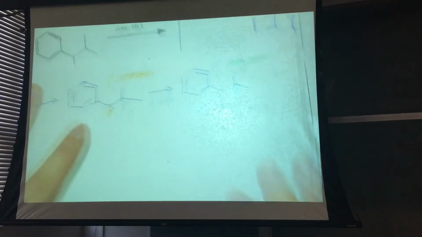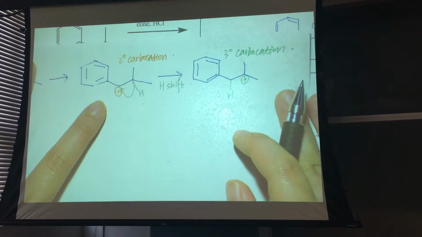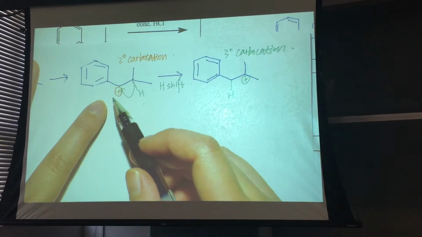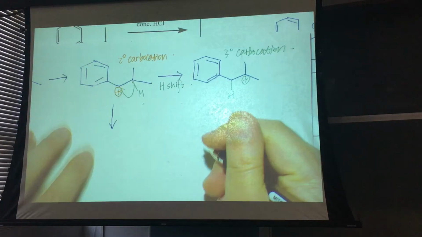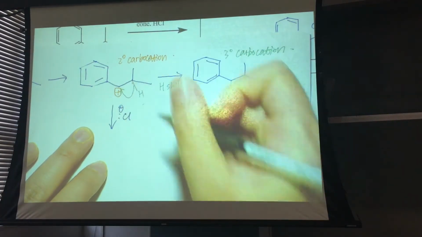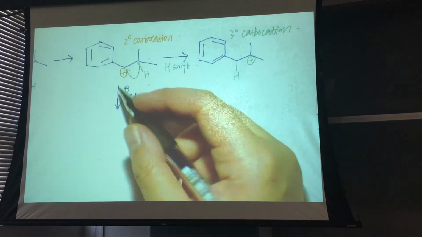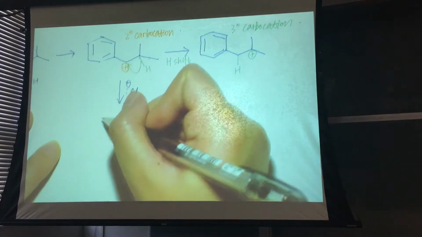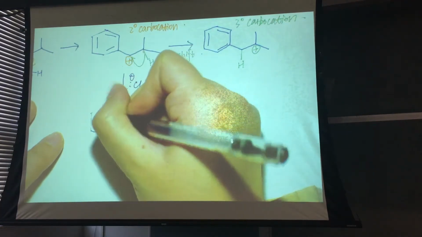Although you do have a hydrogen shift, it doesn't mean that this one is not going to form the product. You still can have your chloro, which is another part of your HCl. So chloro is still going to attack on this secondary carbocation, which is going to give you this one.